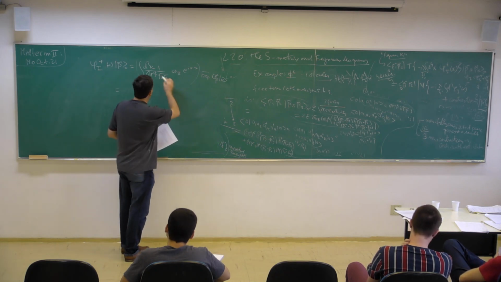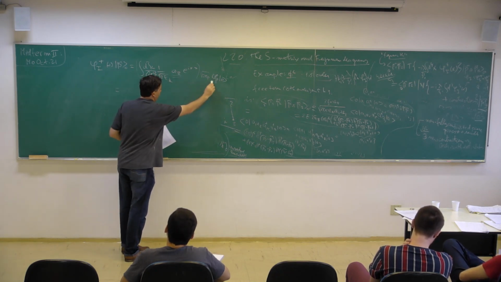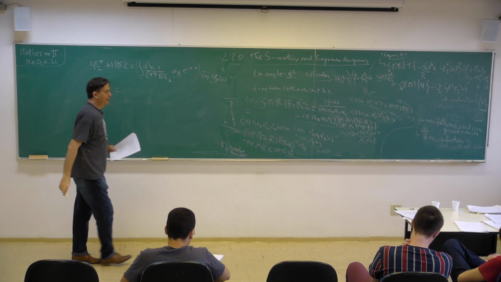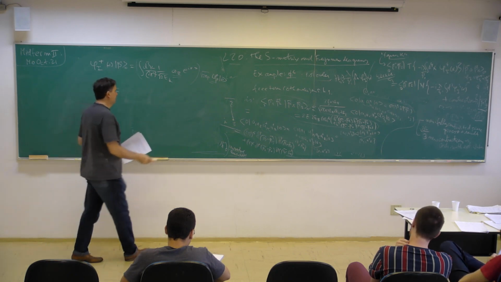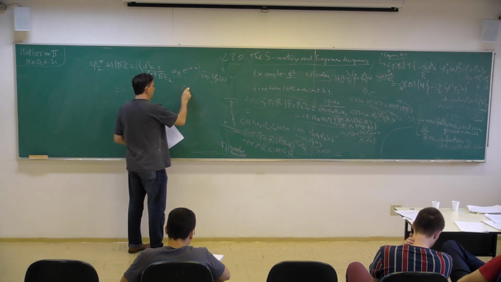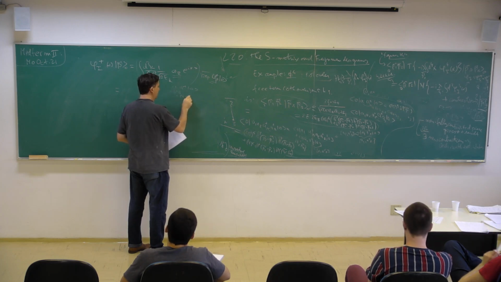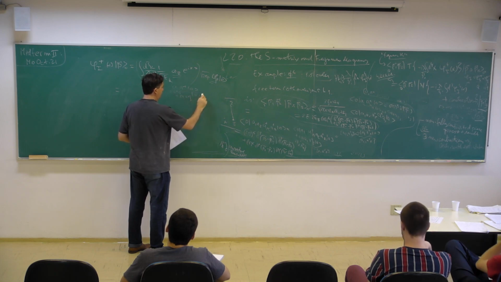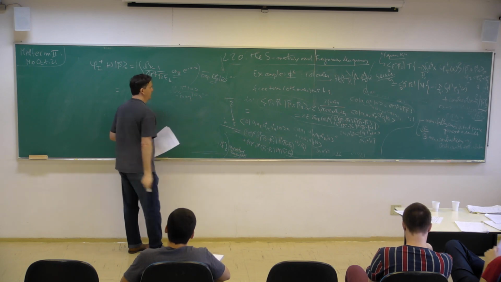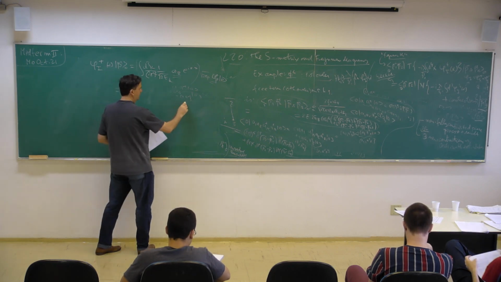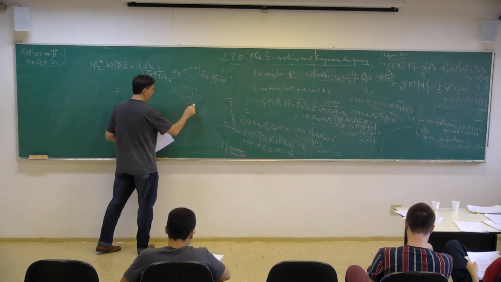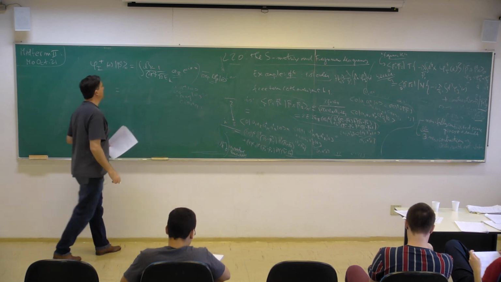And now, the rest is numbers, and the only relevant thing is this A dagger, so A dagger acting on 0. This is written as A A dagger equals A dagger A plus the commutator, acting on 0, but the first term gives 0. So the result is just the commutator, which is 2 pi cubed delta 3 of momentum.